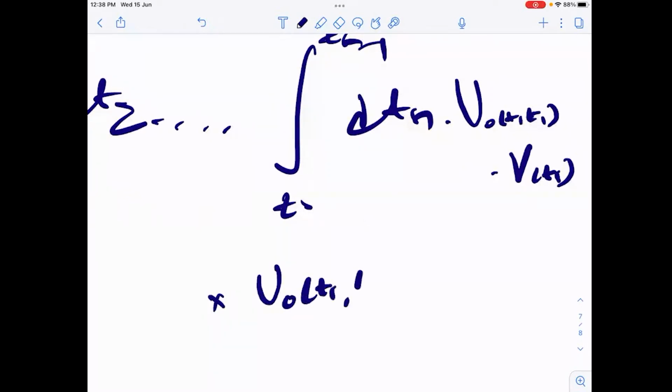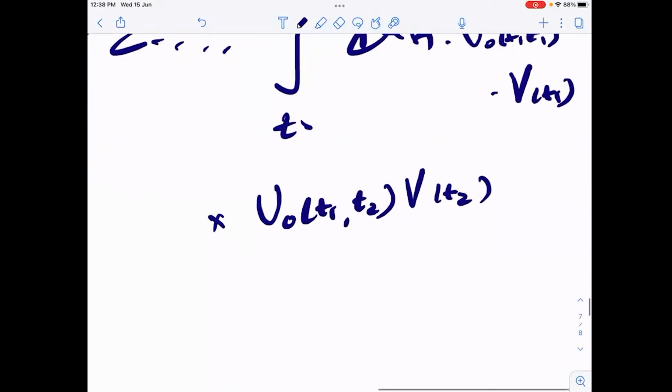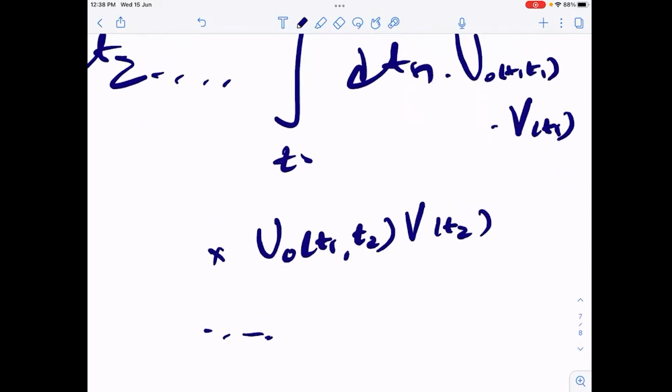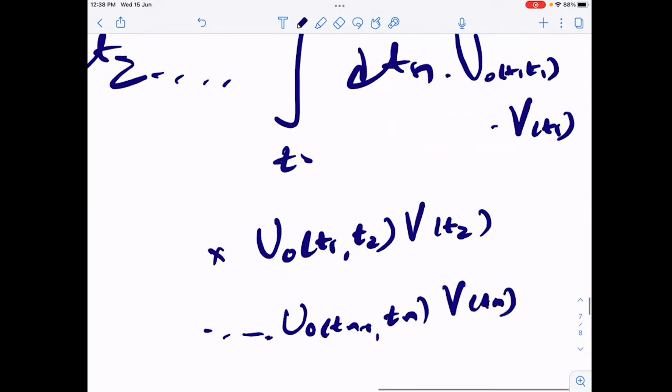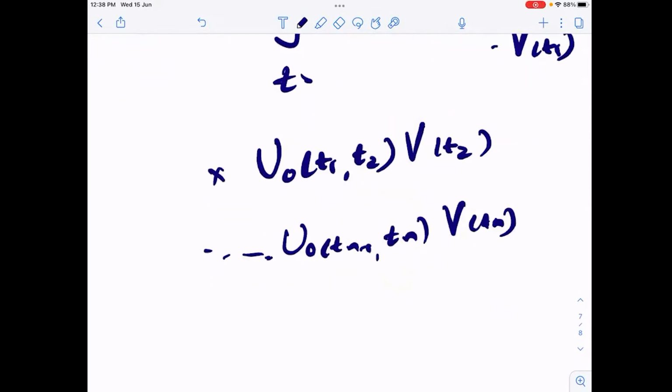U0(T1,T2) V(T2) and so on. The second last term will turn out to be U0(Tn minus 1, Tn) V(Tn), and finally into U0(Tn,T0).